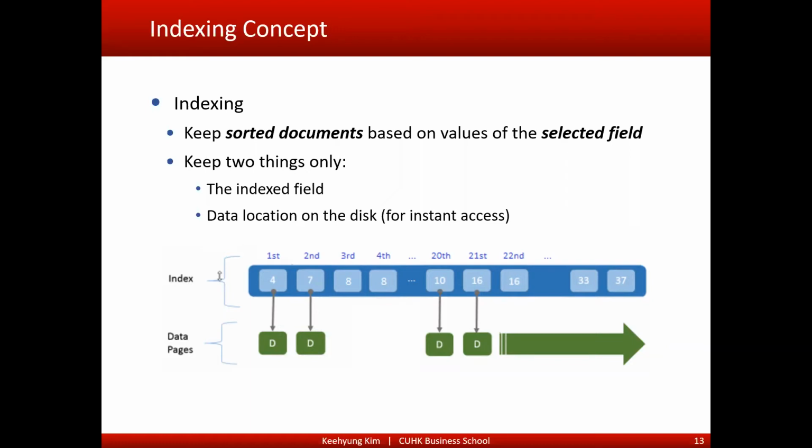Basically, it's stored on a physical disk drive. And the index will keep the location of that document in your disk drive. So when you find a certain index, you are able to locate that position in the disk as soon as possible. That's the basic concept of an index.